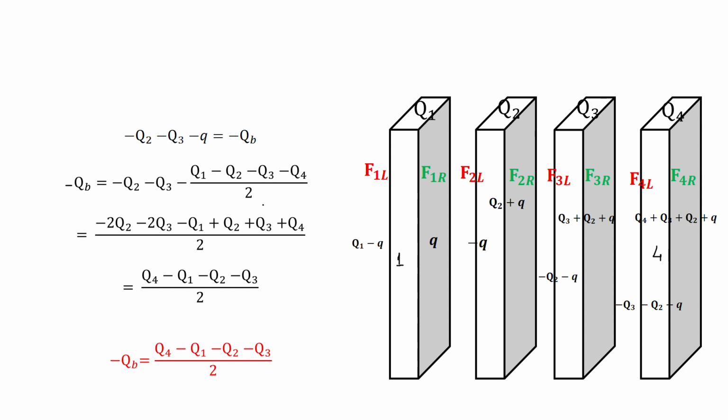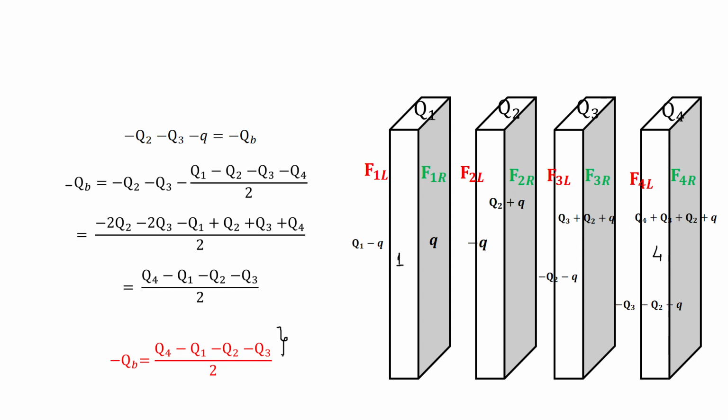Similarly, on this fourth plate, the charge appearing on its left side is the charge which was initially given to it minus all the other charges divided by 2. You don't have to remember these formulas. This is just an observation you can use while solving a problem. But I will again repeat that you don't have to remember these things.